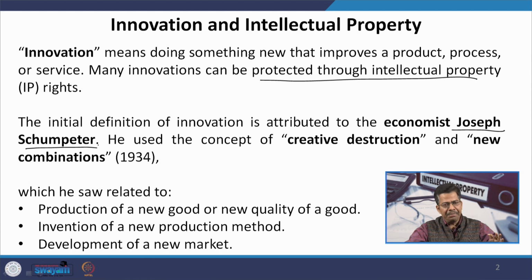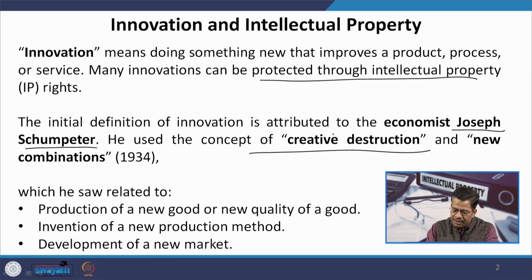But Schumpeter tried to give a theory of innovation, and he created the concept of creative destruction, that we have to do something destructive so that a new thing can be created. Without demolishing the old thoughts, new things, new theories, new products will not be possible. So, creative destruction is one way to look at innovation, that is, remove the old and create something new.